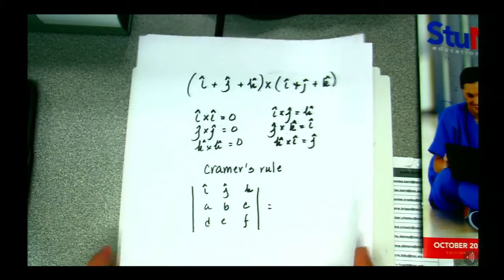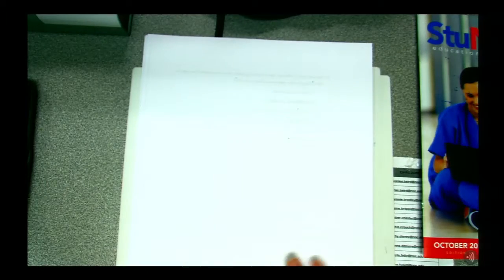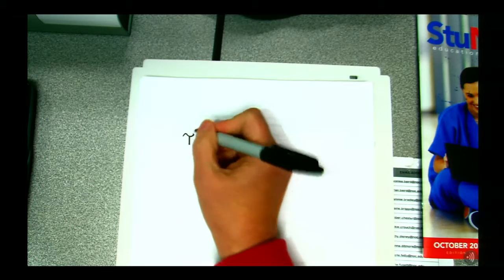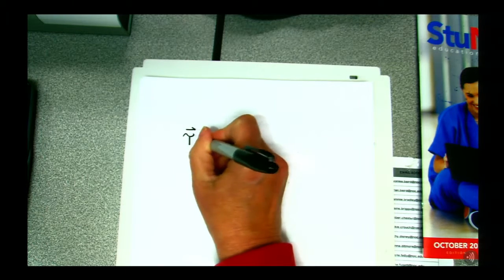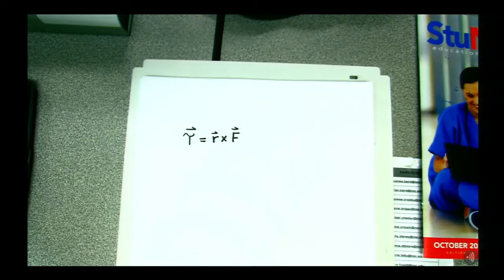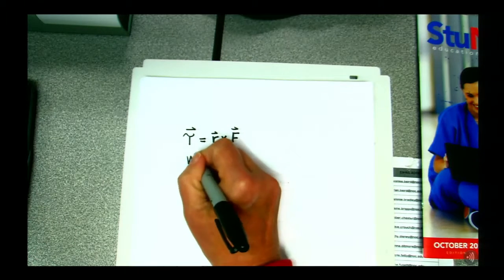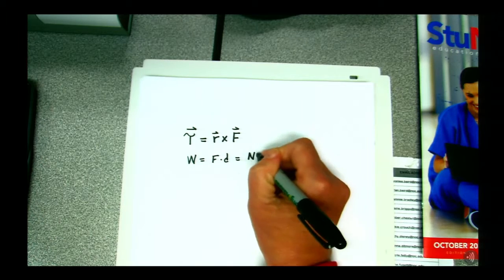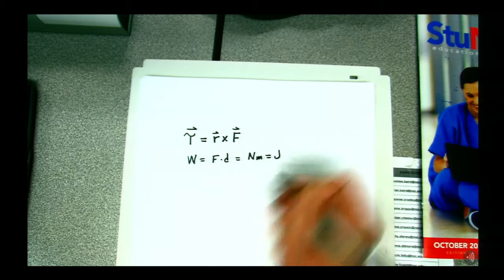So torque, then, we're going to define torque a couple of different ways. Torque usually is a big tau with a vector product, and it's R cross F. And remember when I had work, which was F dot D, this was a Newton meter, and this became a joule.